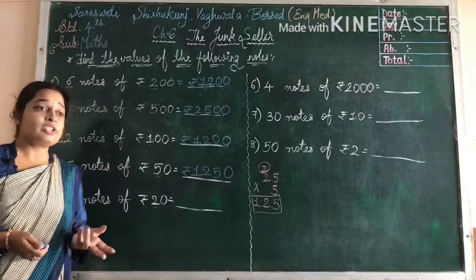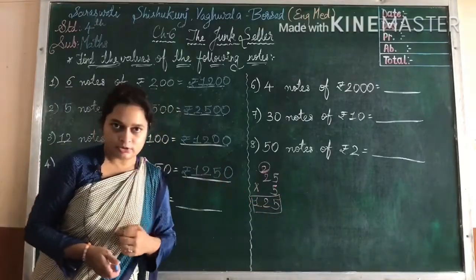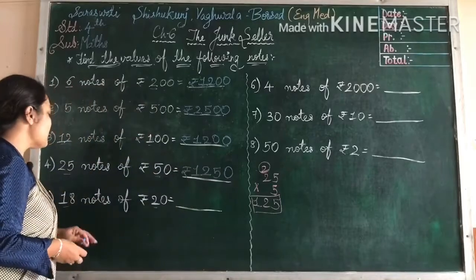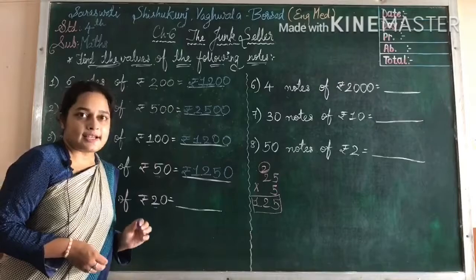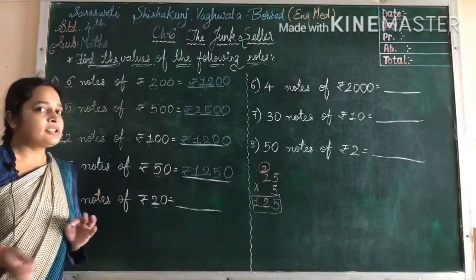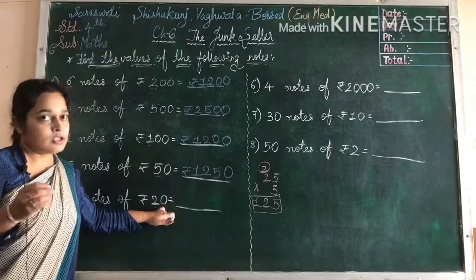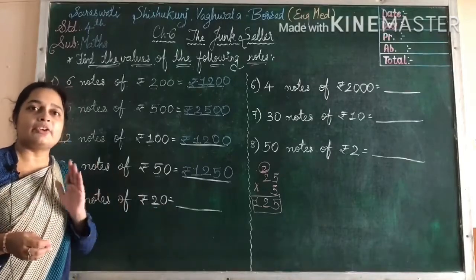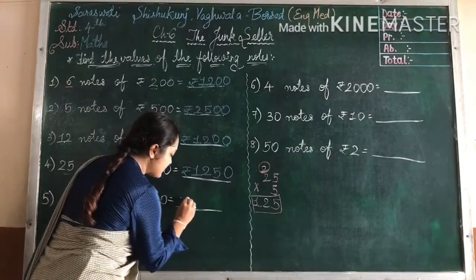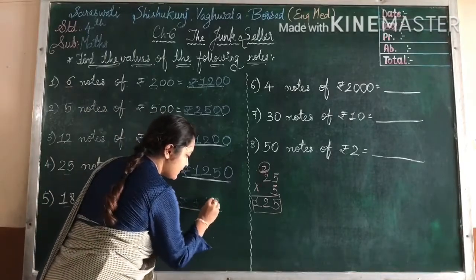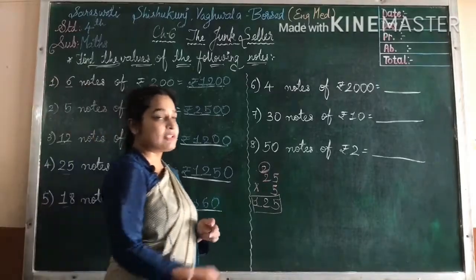Or if you don't know the table, then you can multiply like this and get the answer. 18 twos are 36, but the 0 of 20 is there, so we have to keep that. So the answer will be 360 rupees. Clear?